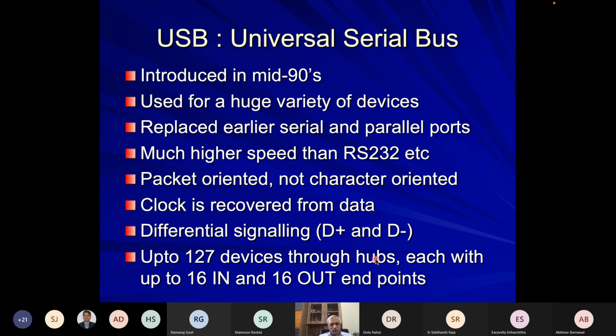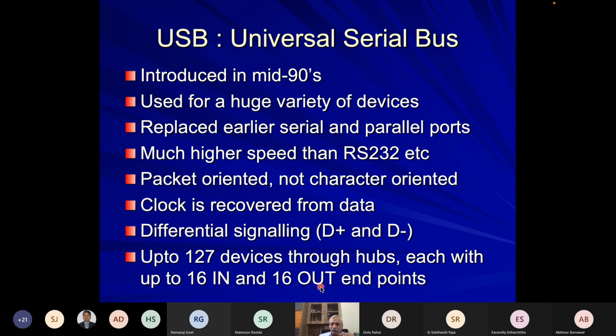Okay, so from your main box, processor box, may have multiple USB sockets. From each socket you can connect a hub, and from each hub you can connect multiple devices. So there could be several devices, and in each device there could be multiple endpoints.